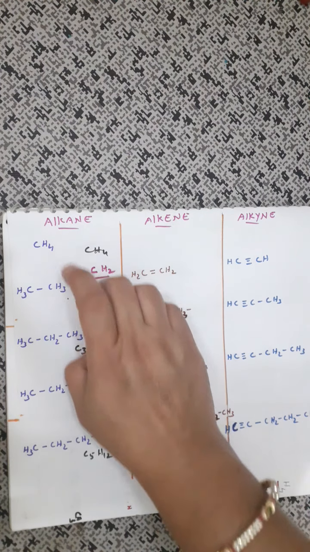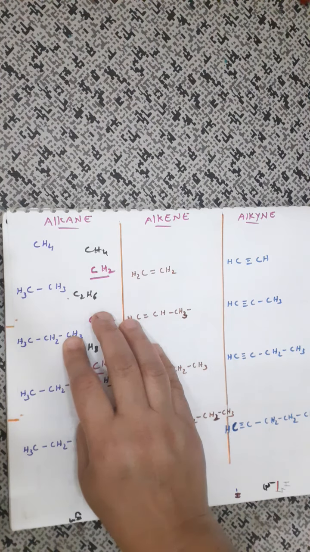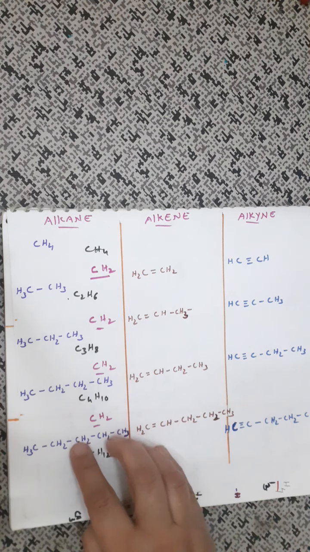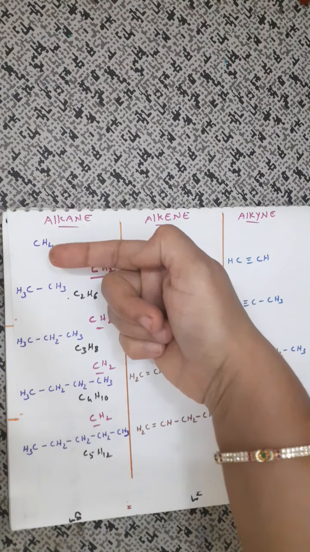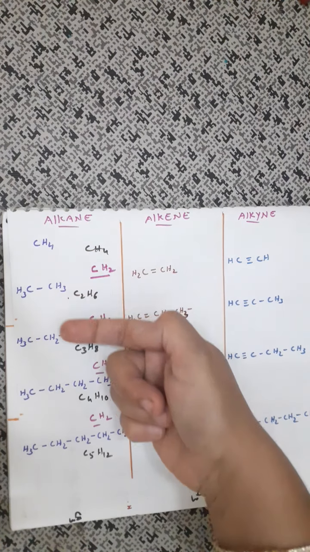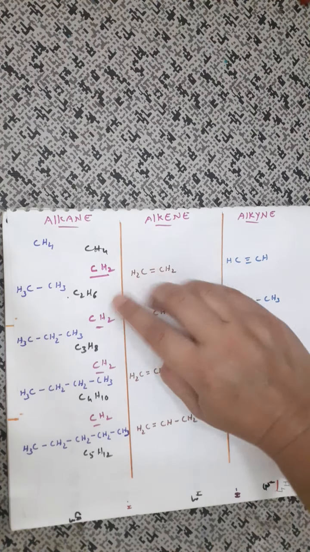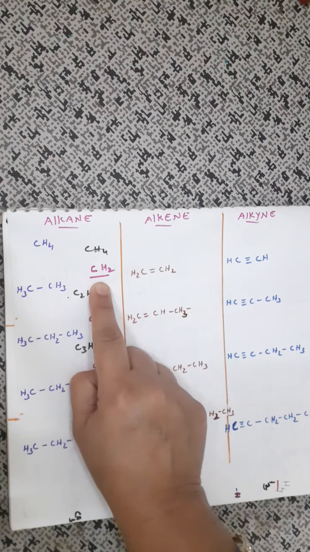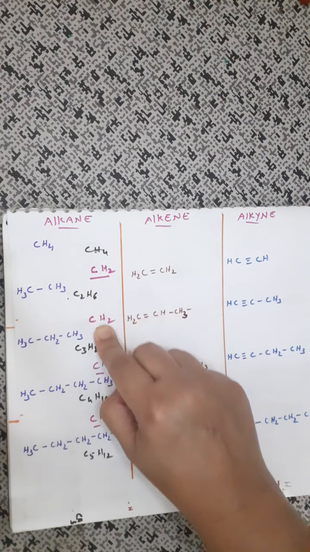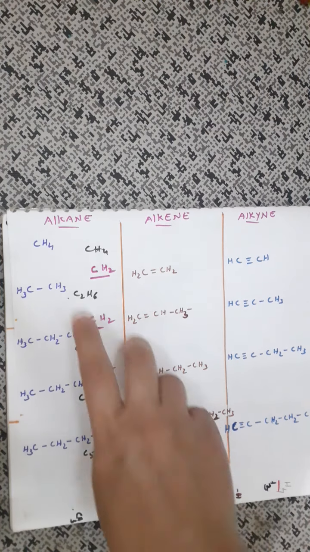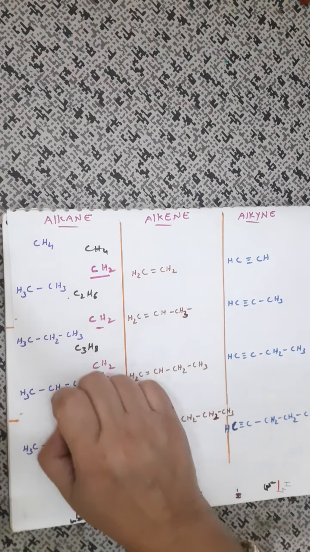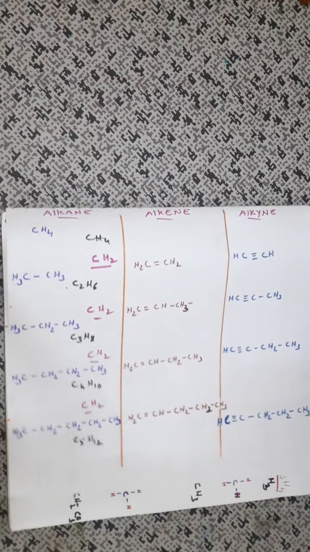It is always between methane to ethane, ethane to propane, propane to butane, butane to pentane. So as we keep on increasing by one hydrocarbon, the difference between them is CH2. And this is similar in case of all the hydrocarbons of which group? Alkane.